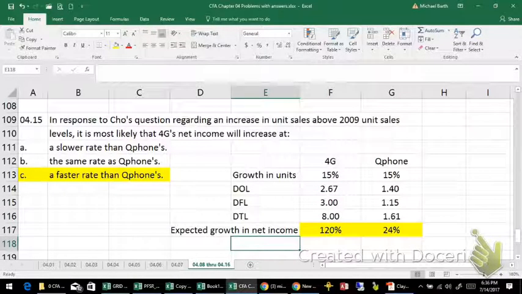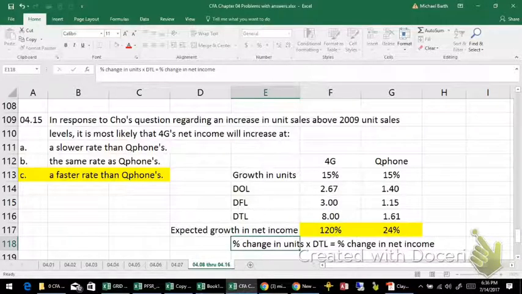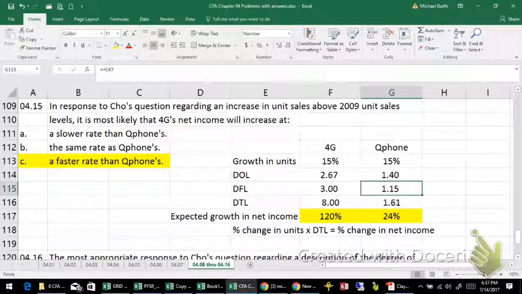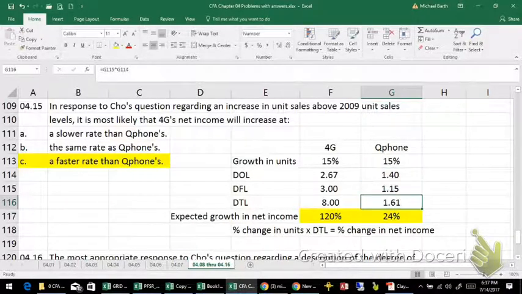So if we have percent change in units times DTL, that gives you the percent change in net income. Okay? And then for Q-Phone, it was given in Exhibit C that it was 1.4 for DOL, 1.15 for DFL. So if I multiply those two together, that's much less leverage, so the 15% would produce only a 24% change in net income.